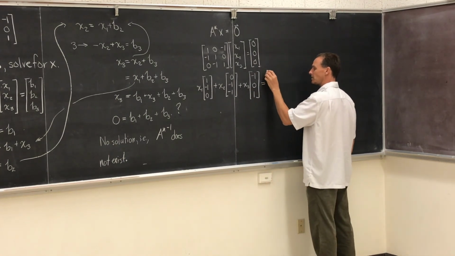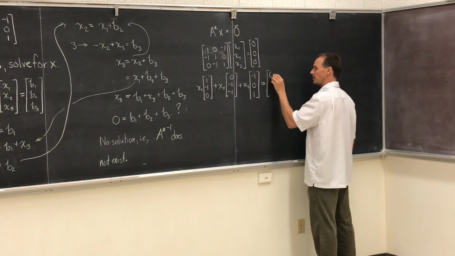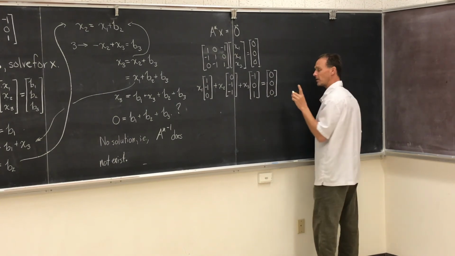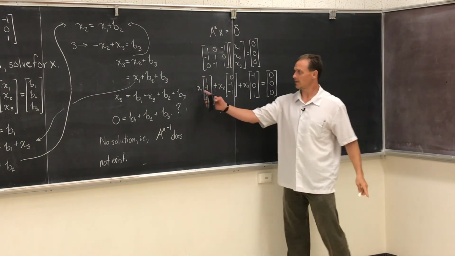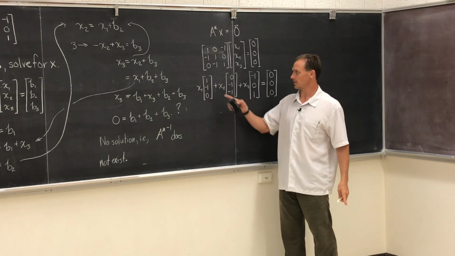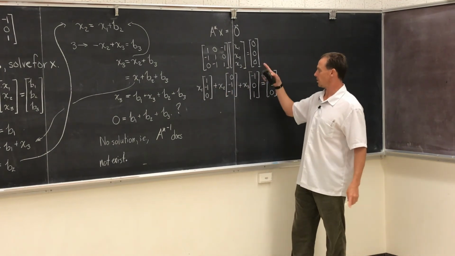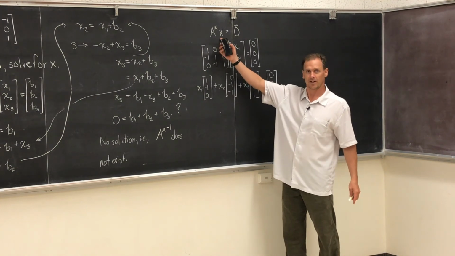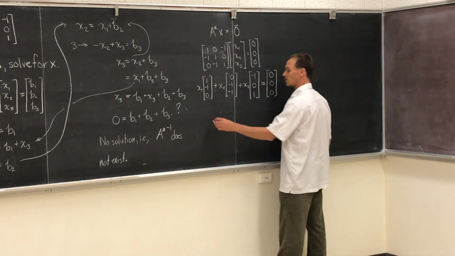Is there some linear combination that would give me 0, 0, 0? Okay, watch this. If x1 is 0, x2 is 0, and x3 is 0, this would be 0 plus 0 plus 0. That would be 0. And you might say, oh, well, that's satisfying, right? Because x equals 0 does work.